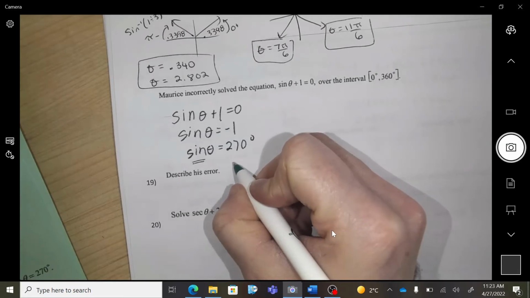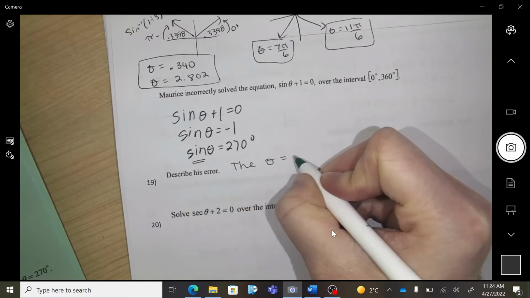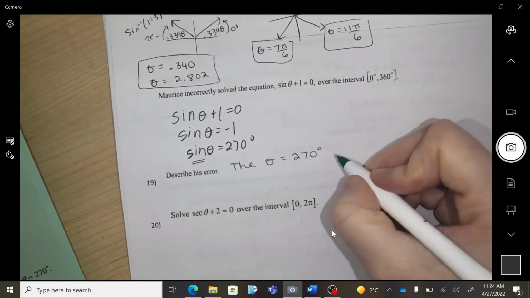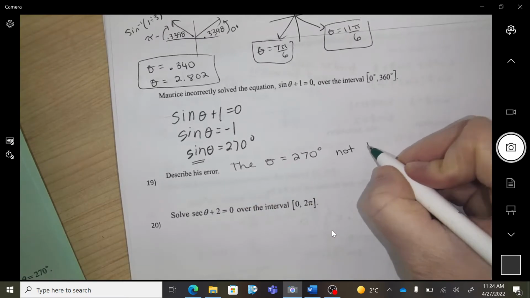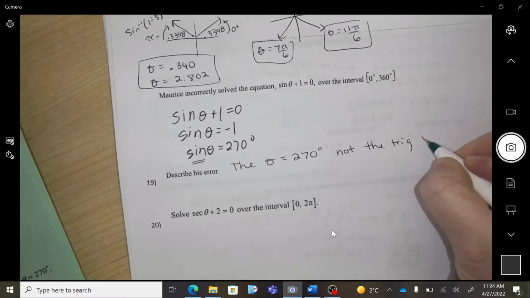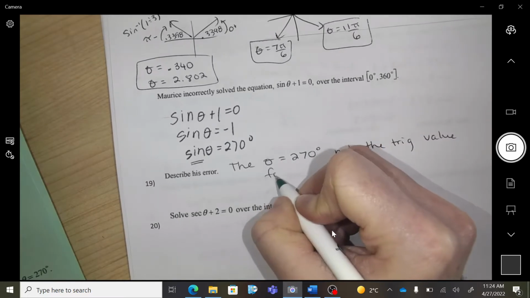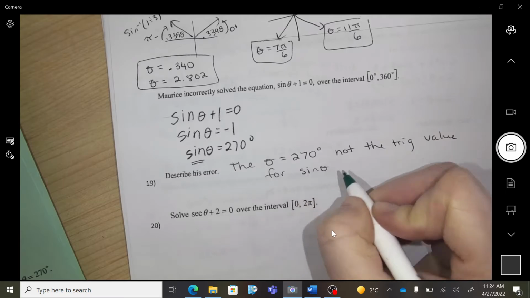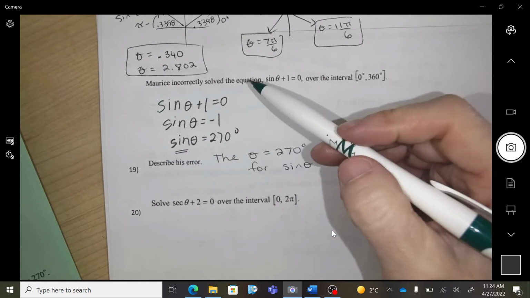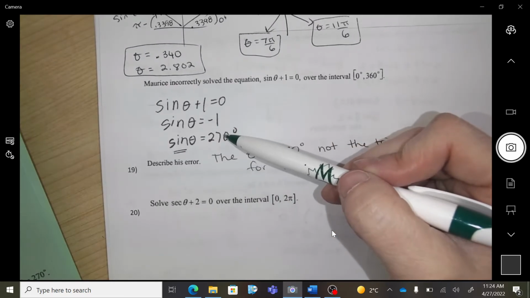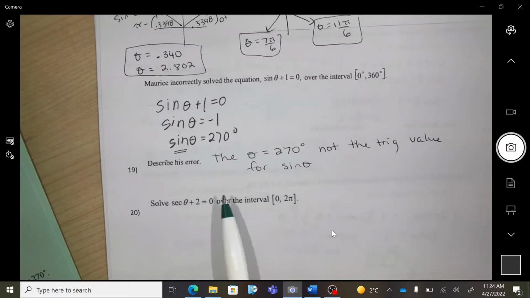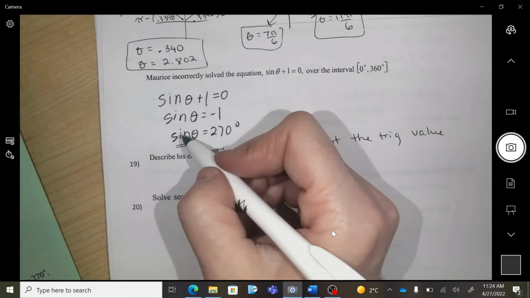So the angle equals 270, not the trig value for sine of the angle. Okay, so all the math part was right. Yep, that was right. Yes, that's where it works. Okay, but this should not be there.